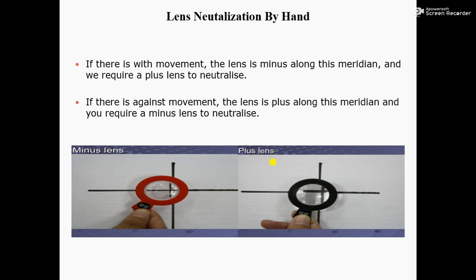So in a minus lens, if the power is minus 2 diopter spherical, then we will neutralize with plus 2 diopter spherical. Same in a plus lens, if the patient has plus 2 diopter spherical, then we will neutralize with the opposite sign, minus 2 diopter spherical.